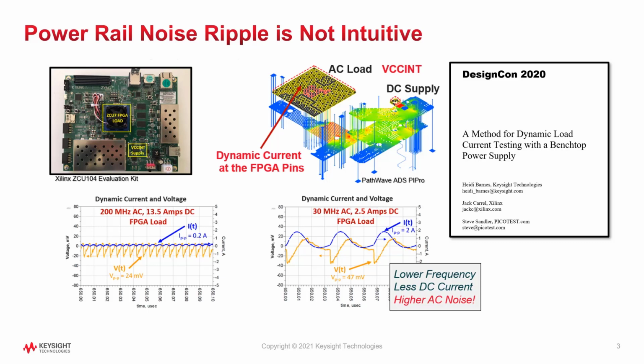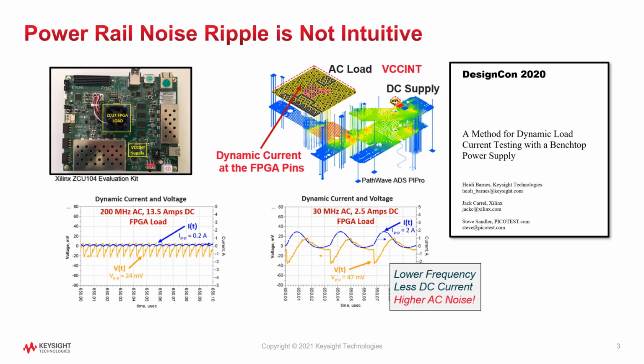But simulation proved me wrong, and measured data in the graph on the right confirmed that the power rail ripple is actually worse when switching the 400,000 flip-flops at a lower 30 megahertz frequency with only 2.5 amps of average DC current.